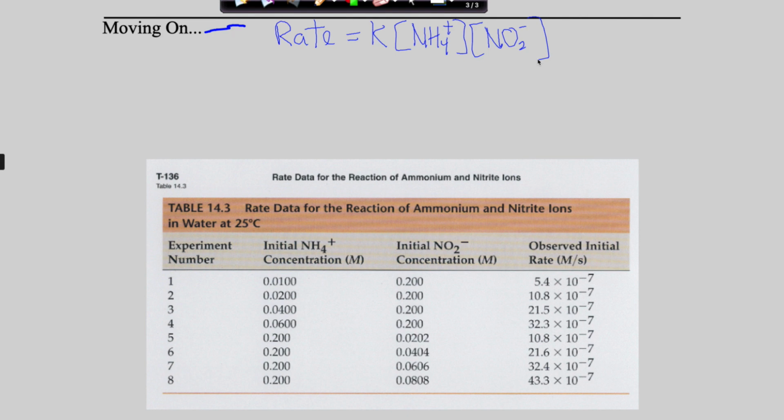All right, so I've got, and no, I'm not going to get out of the way, 43.3 times 10 to the negative 7th is equal to K times, guys, I'm going to get sloppy with sig figs.